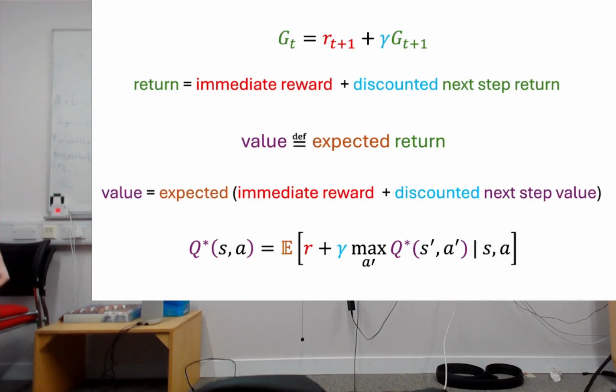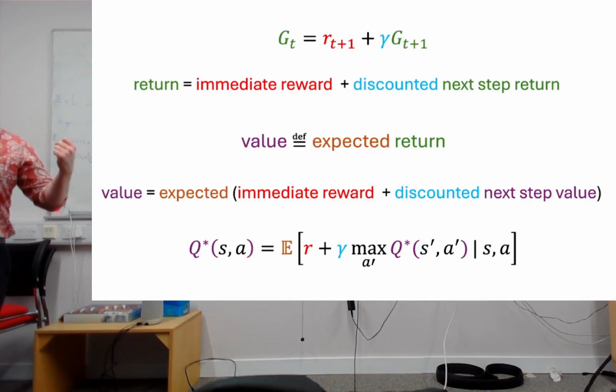And the optimality comes from this maximum here. In asking where here am I assuming that I'm pursuing an optimal policy, the place I'm assuming that optimality is the fact that I'm taking a maximum over the actions I could take. This maximum over actions is implicitly an optimal policy.